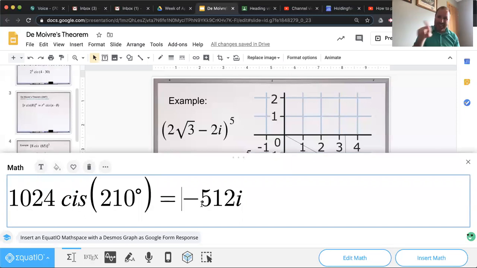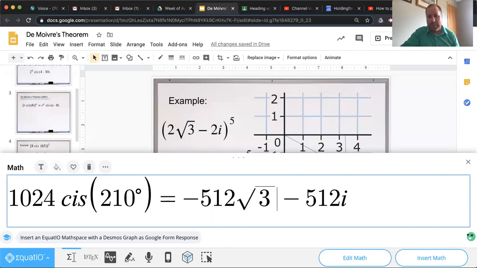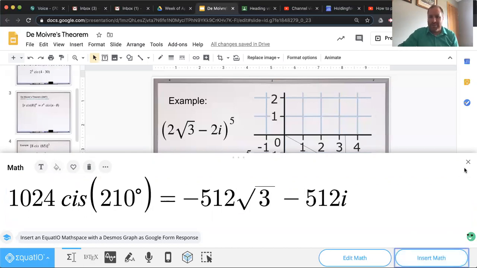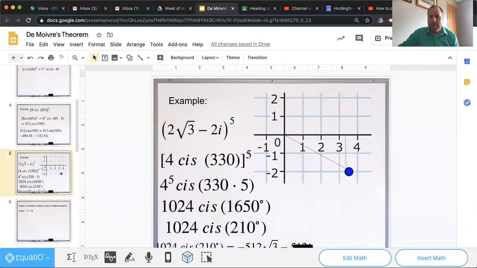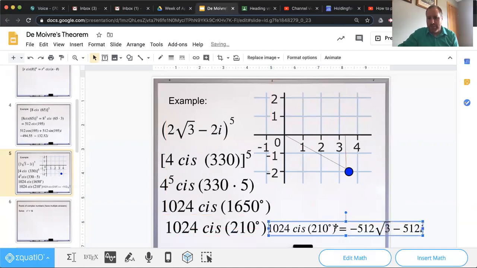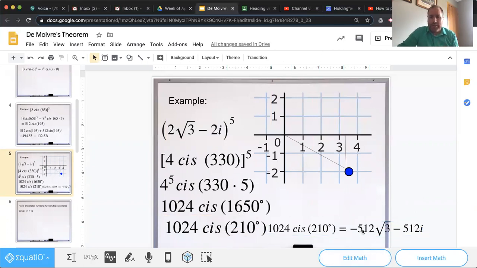And that means the length has to be 512 times the square root of 3, right? I mean, using just our knowledge of 30, 60, 90 triangles, we could know that would have to be true as well. I know that's not necessarily showing up on the video here, but it'll show up in your notes. So you can do that too, or you could type it in your calculator as well.